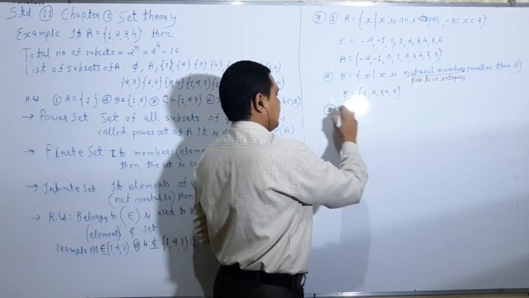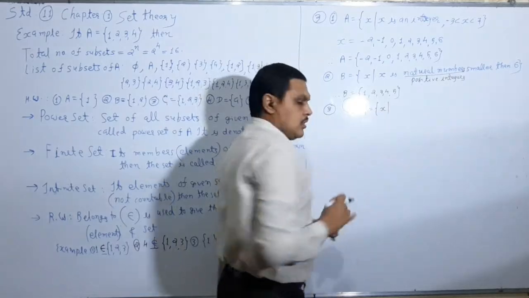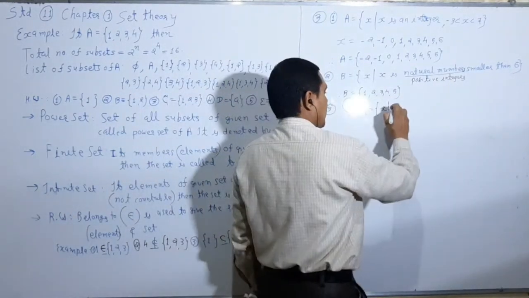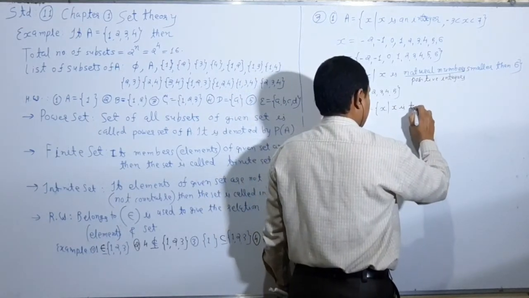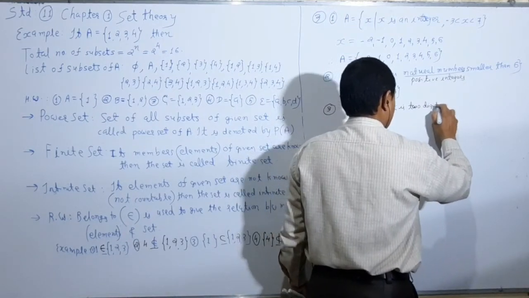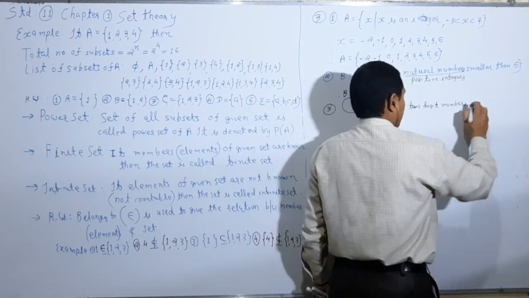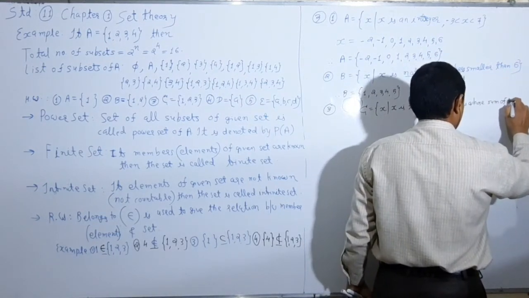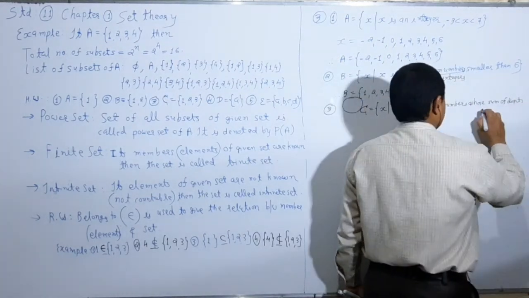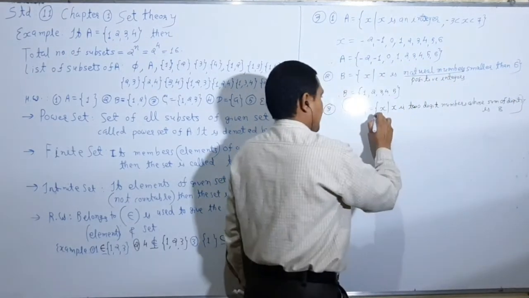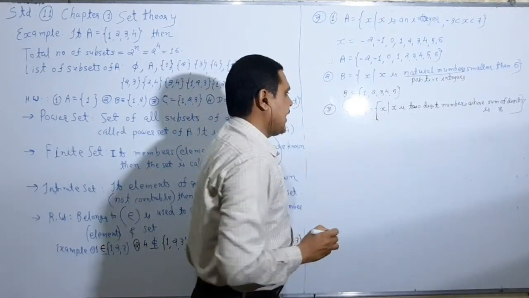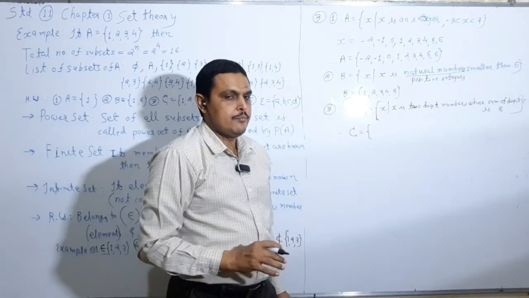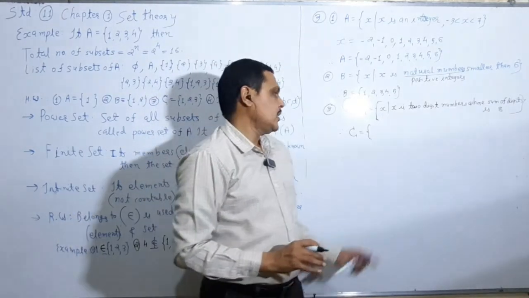Now the third question is C is equal to x oblique, x is a 2-digit number whose sum of digits is 8. 2-digit numbers start from 10, so 10 to 99 are 2-digit numbers.